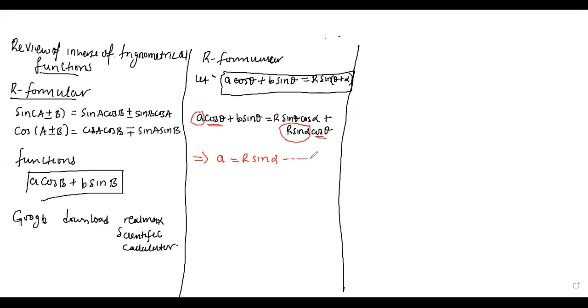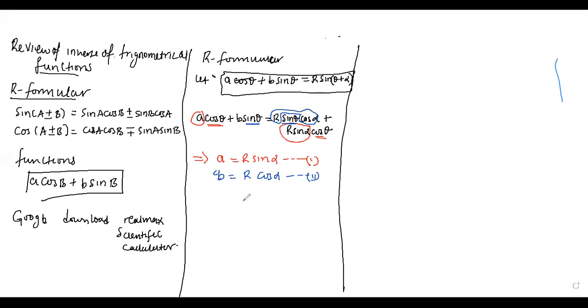And this can be equation 1. Then also identify sine theta. What is attached to sine theta is R cos alpha. So express B in terms of R cos alpha. Then you can call this equation 2.